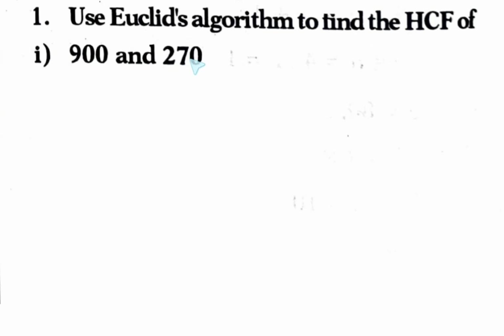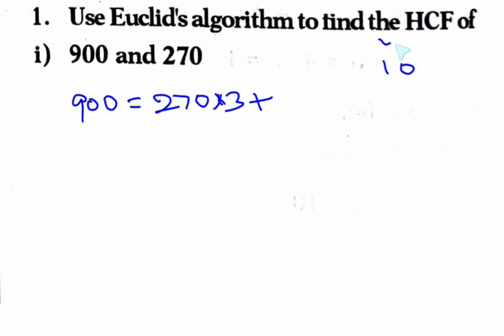Here A is equal to 900 and B is 270. 900 is equal to 270 into 3 times plus the remainder. 270 into 3 is 810, and 900 minus 810, the remainder is 90. The remainder is not equal to 0.